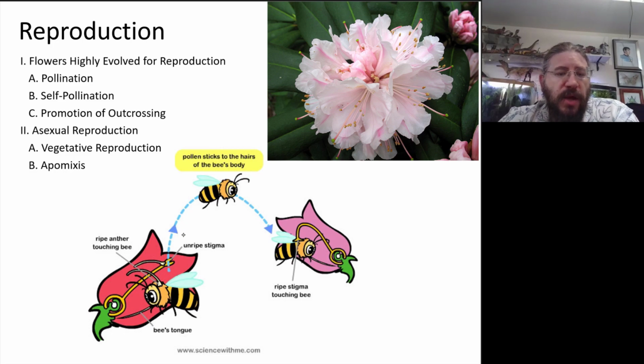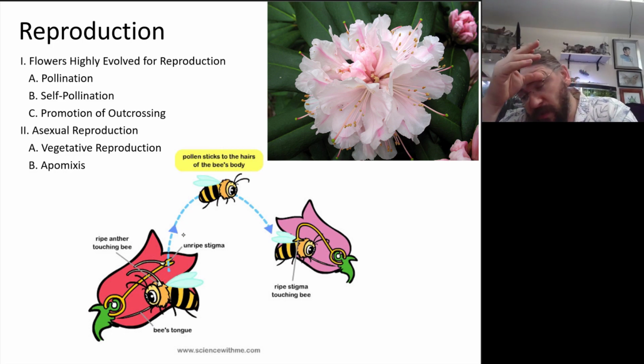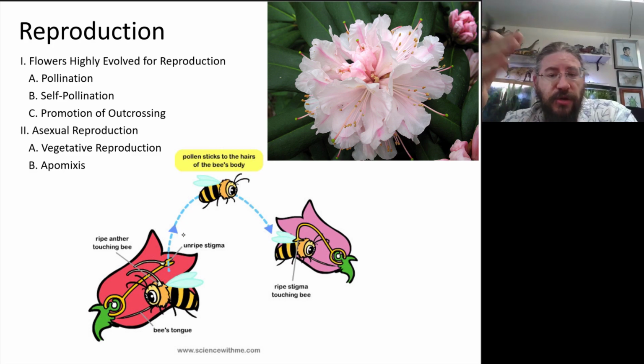With gymnosperms, we thoroughly went through pollen and wind dispersal of pollen and landing on the ovulate cones and growing the tubes. But there's a fair bit more to talk about when it comes to angiosperm reproduction. This is just a little slide showing our roadmap, and let's get into pollination.